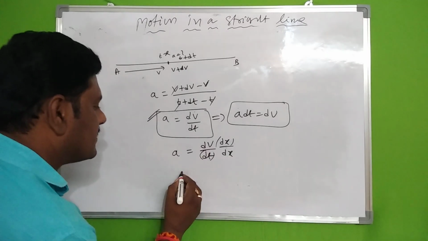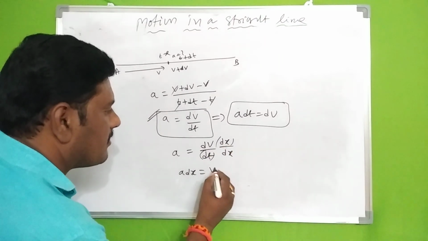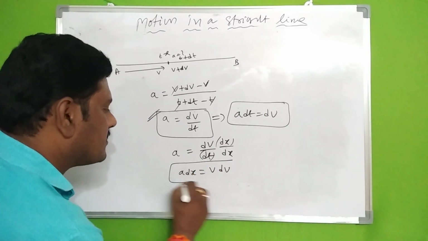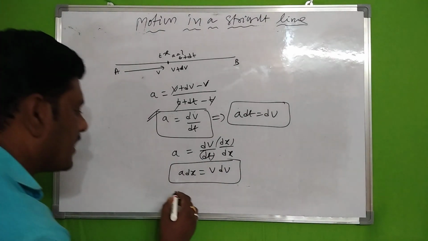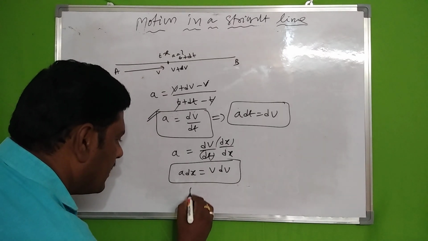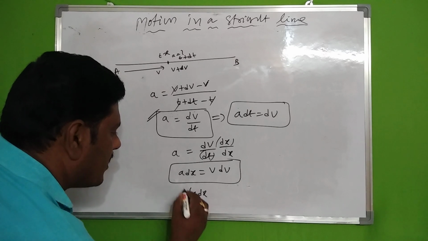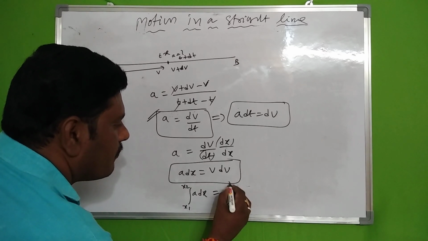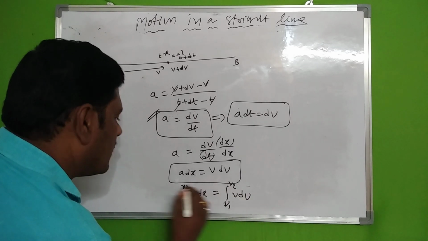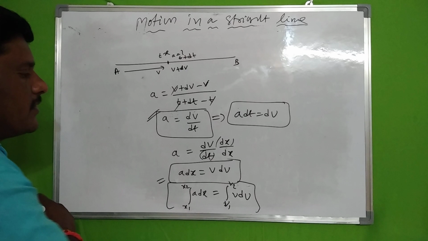So a dx equal to v into dv. This is also instantaneous acceleration. So you can write the formula with limits: integration of a dx from x1 to x2 equals integration of v dv from v1 to v2. This is also a most important formula.